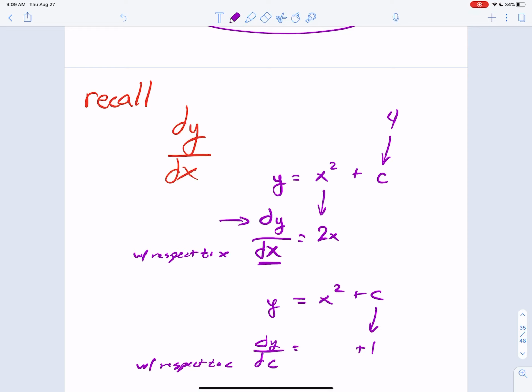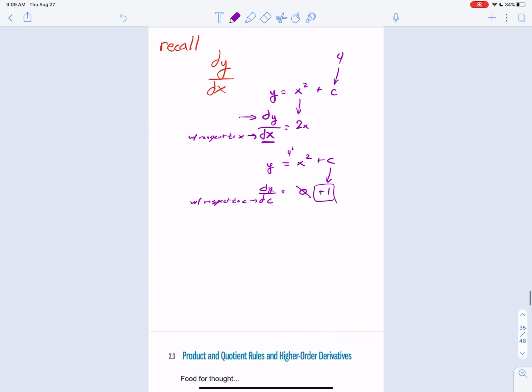X squared, even though it has an exponent, remember x squared, if I treat x as a 4, 4 squared is 16. What's the derivative of 16? 0. But we don't need to write that, right? So your answer is just 1. So pay attention to the notations. It doesn't happen too often, but I just kind of wanted to address that to you guys now, okay?